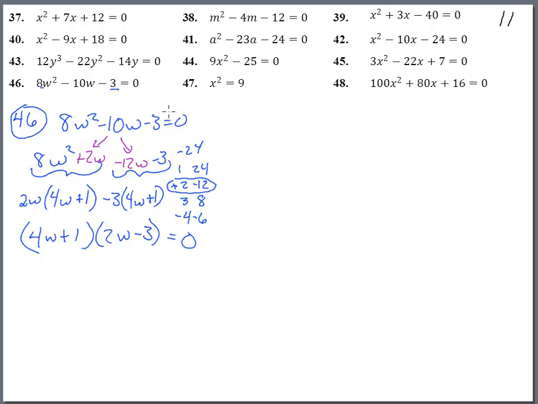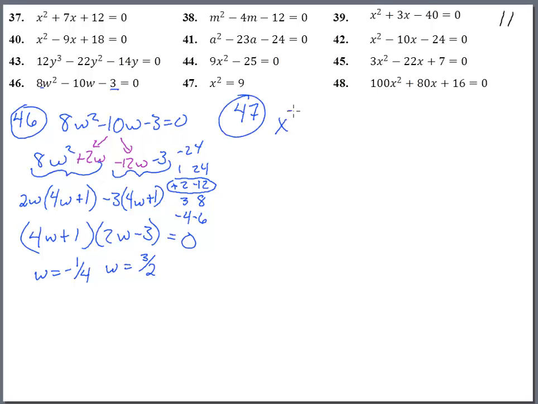That's equal to 0. And so we set this equal to 0, and we get w equals a negative 1/4. And this one equal to 0 will give us w equals, let me see, you'll have to add 3, divide by 2, 3/2.